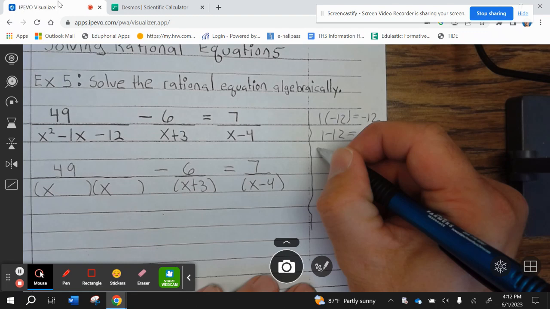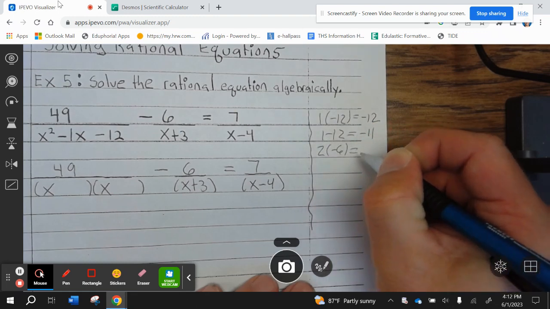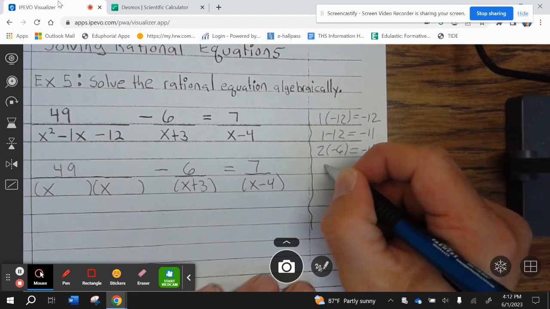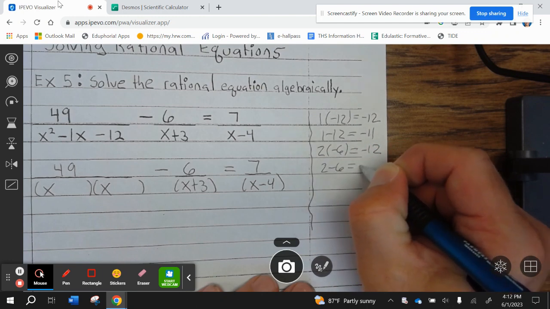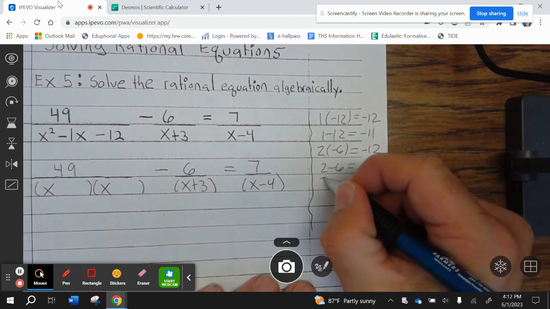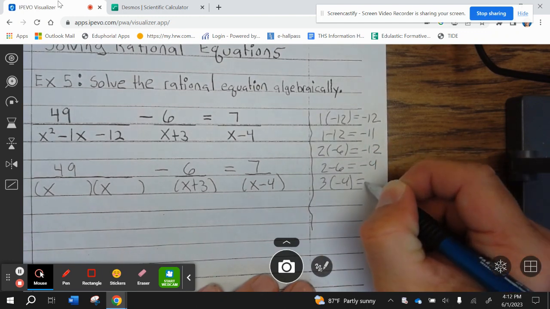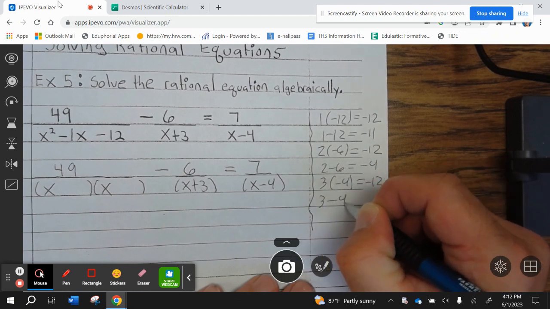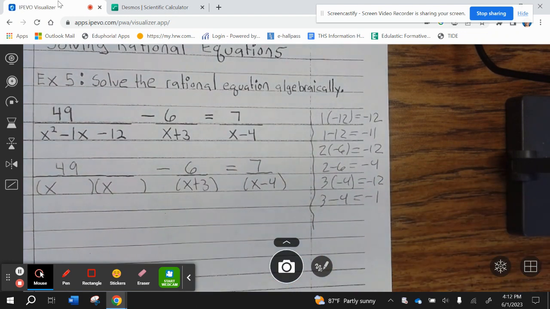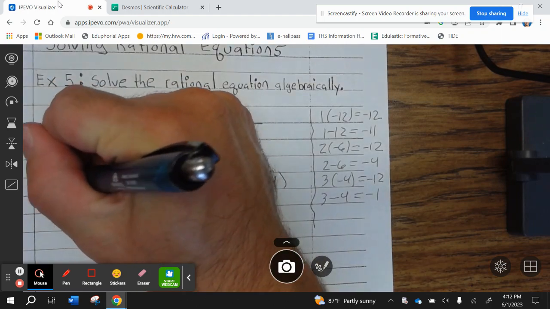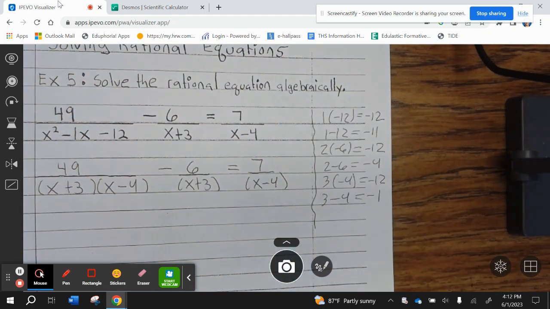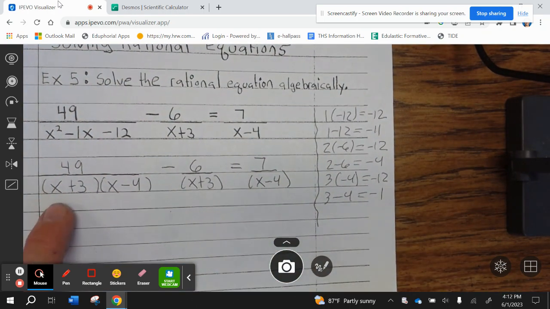That doesn't work. 2 times negative 6 is negative 12. 2 minus 6 is negative 4. That doesn't work. 3 times negative 4 is negative 12. 3 minus 4 is negative 1. Okay, so we have (x plus 3)(x minus 4). And that's our common denominator, x plus 3 and x minus 4.